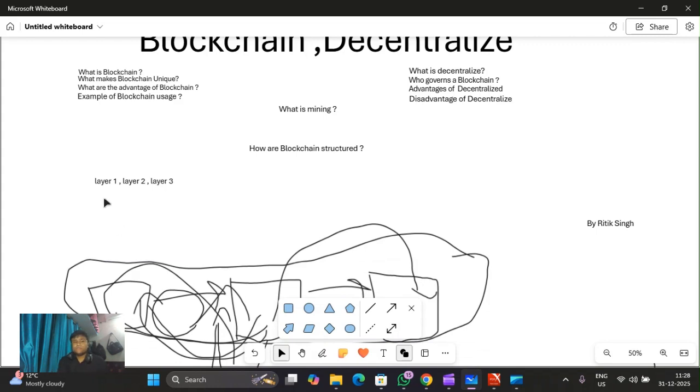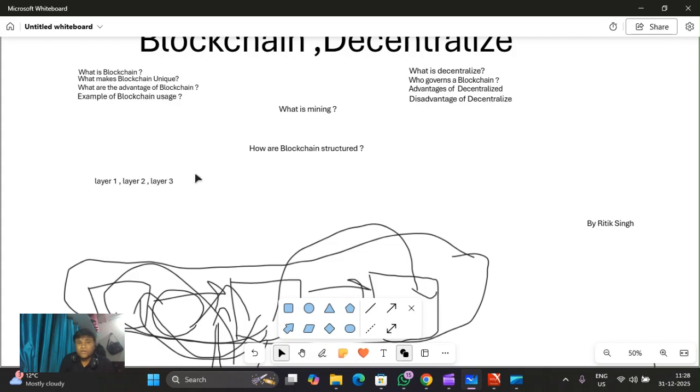Layer 1 is the parent coin, which has its own chain. Layer 2 is a derived version of layer 1, connected with the layer 1 blockchain, and layer 2 is connected with layer 3. Like in layer 3 we have Web 3. In later videos we will discuss the Web 3 system.